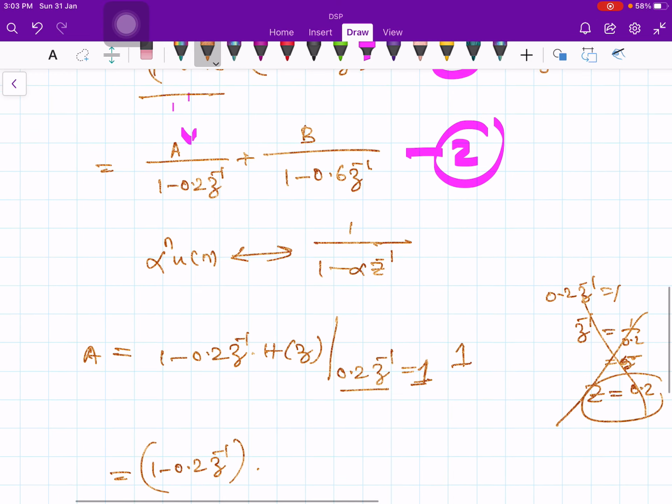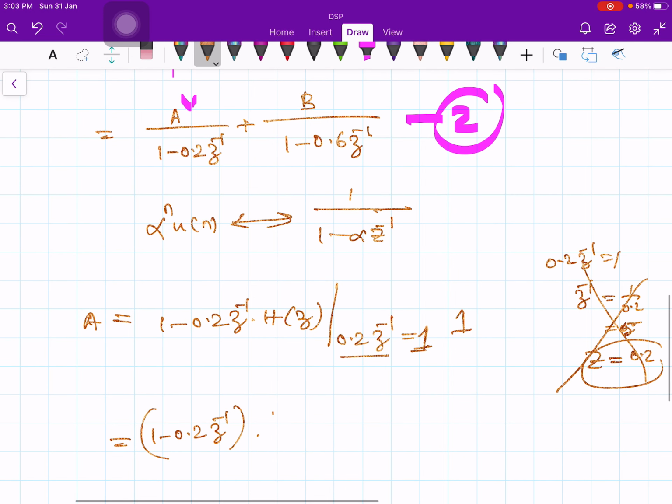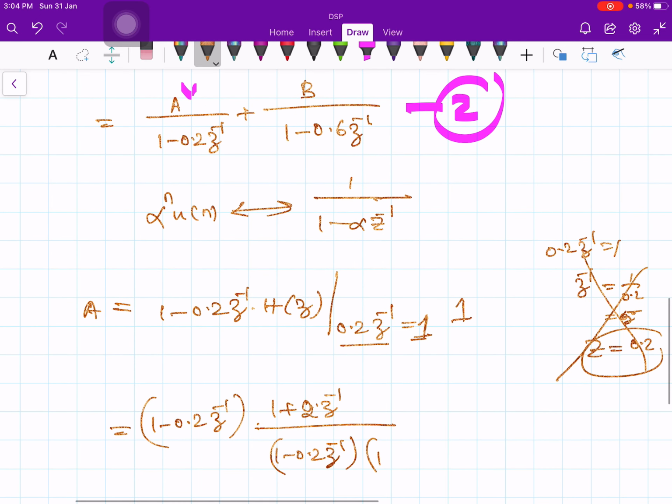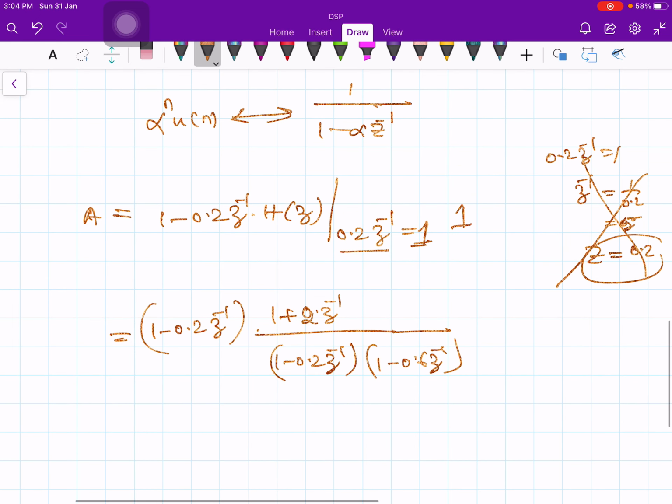So what is H of z? H of z is 1 plus 2 z inverse in the numerator, and in the denominator 1 minus 0.2 z inverse multiplied by 1 minus 0.6 z inverse. Evaluate at 0.2 z inverse equal to 1.